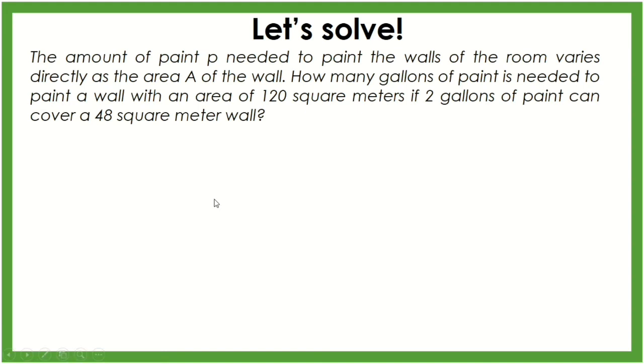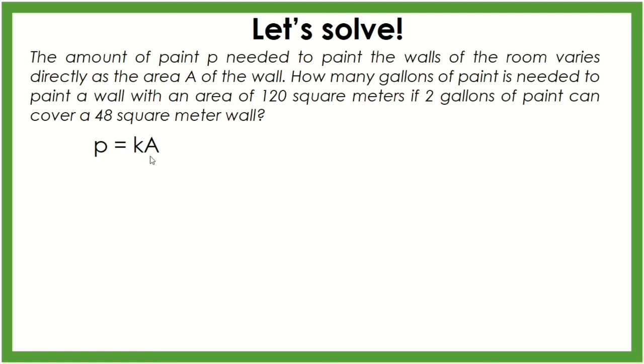The first step is to translate. Okay, the paint needed to paint the walls of the room varies directly as the area A of the wall. So, ang ating equation is P varies directly as the area of the wall.